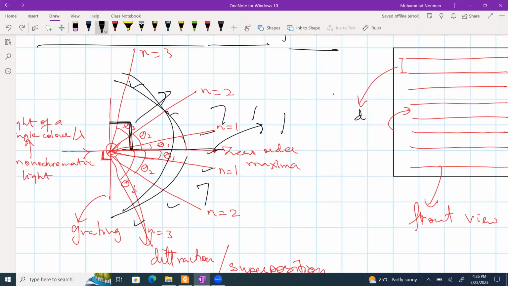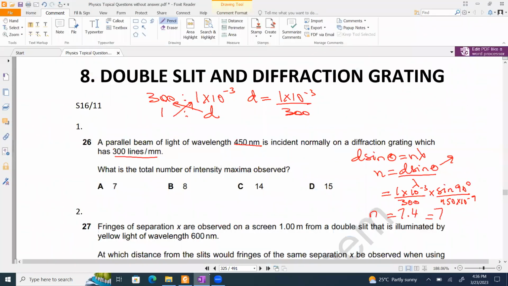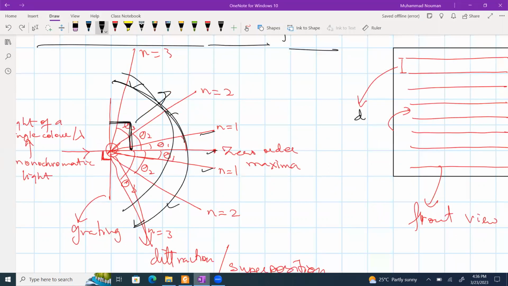We need to be very, very careful in reading the question, because once you read the question and understand it, you will be able to answer correctly. For example, a parallel beam of light, wavelength this much, incident normally on a diffraction grating. What is the total number of intensity maxima observed? They are asking about all the maxima. Sometimes they ask only on one side.